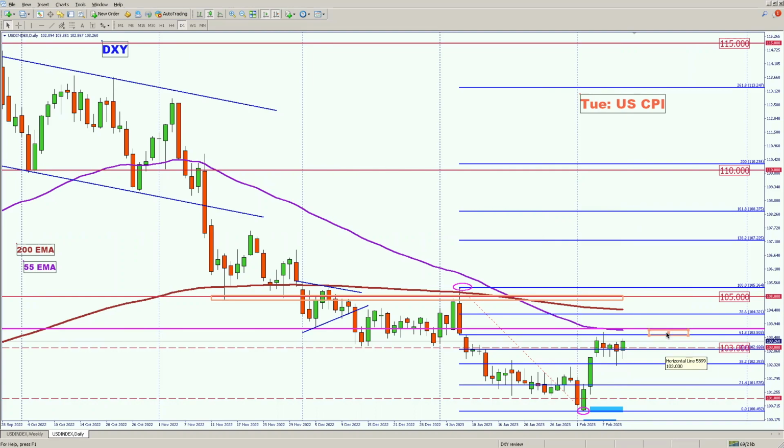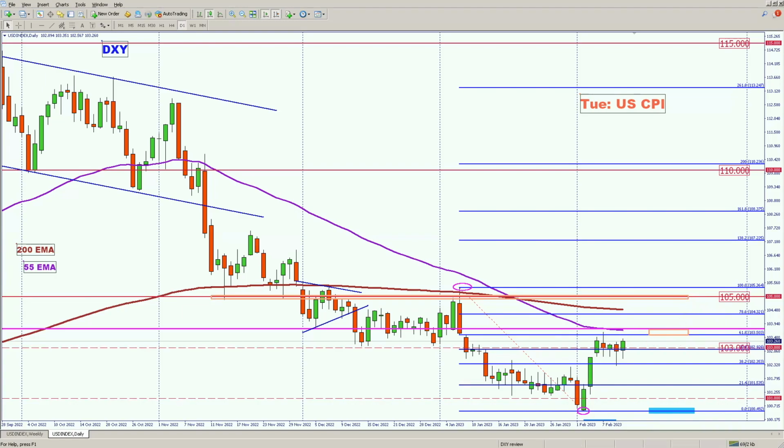let's move this up to the key resistance now. Support is still right here at the swing low. And well above that, that's the key resistance round figure level of 105.